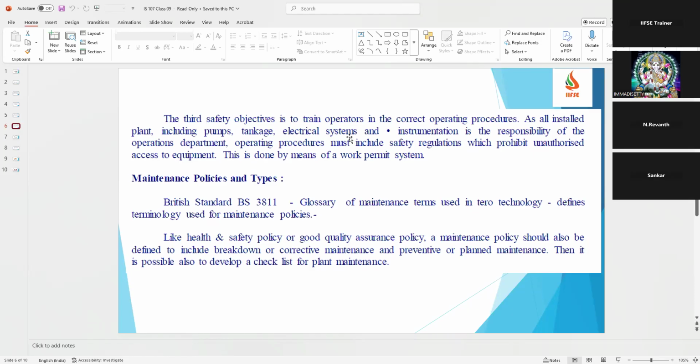Especially I can give an example of the transformer yard, where only the electrical team is authorized to enter the transformer yard. Such kind of things, or equipment which people are not authorized to access, the safety regulations have to cover, which are the sophisticated equipment.